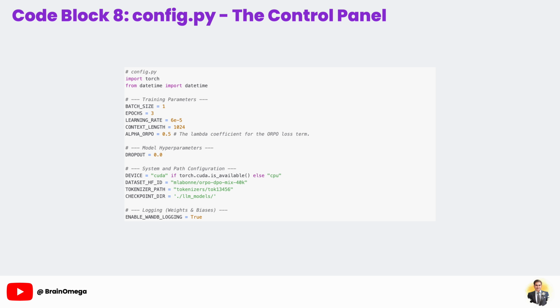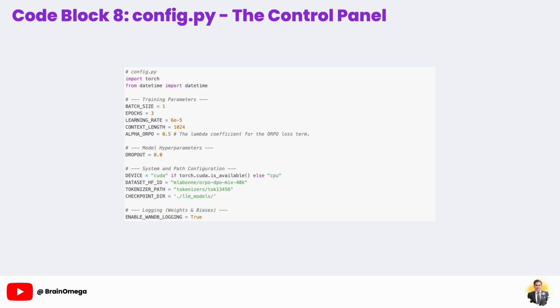This is our project's control panel. We've defined all our important parameters here. This includes training parameters like the batch size, epochs, and learning rate. A key parameter for our specific fine-tuning task is alpha ORPO. This is the scaling coefficient, often called lambda, that balances the two parts of the ORPO loss function, the standard language modeling loss and the preference ranking loss.